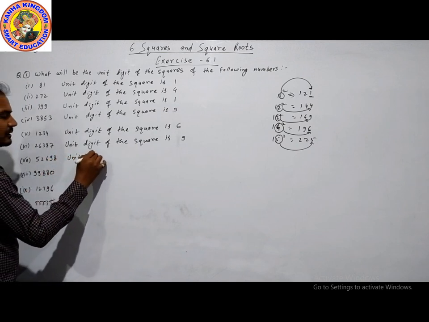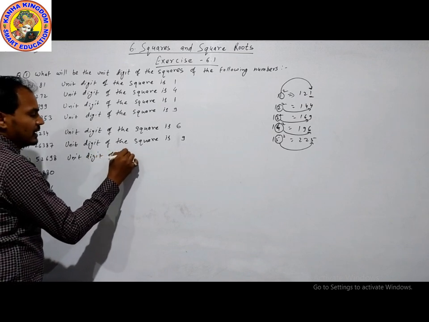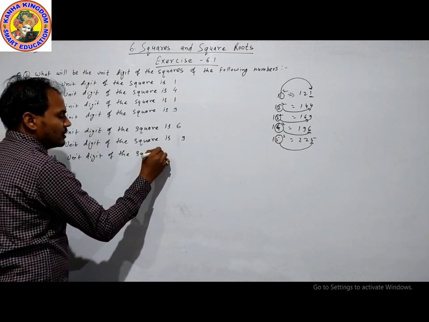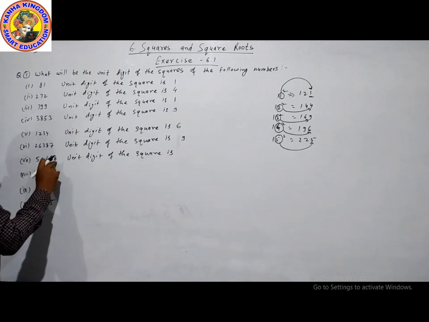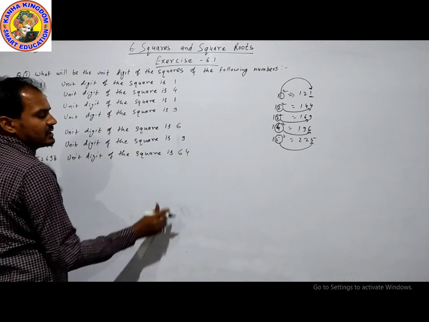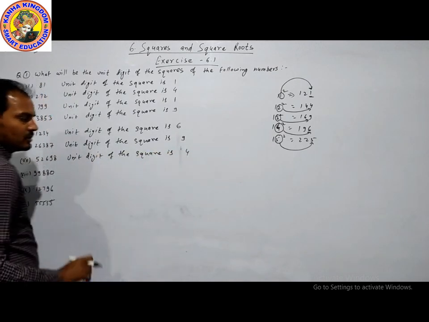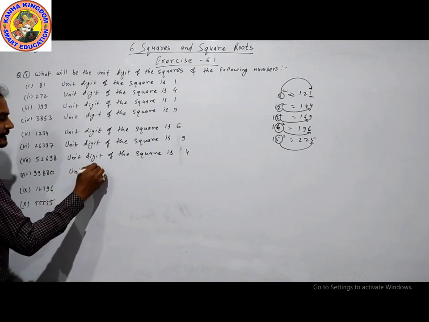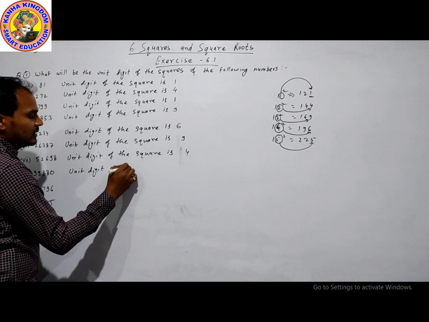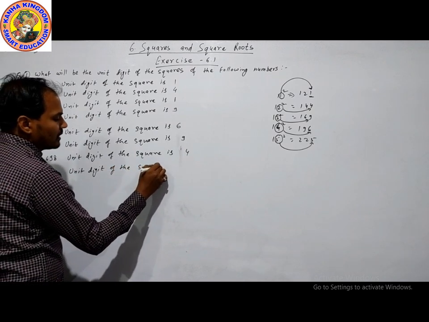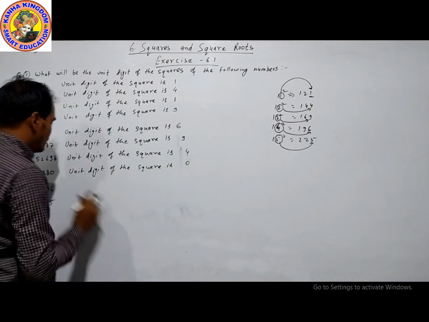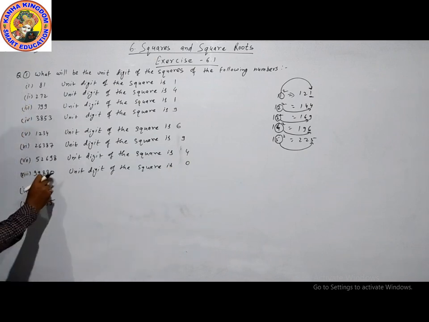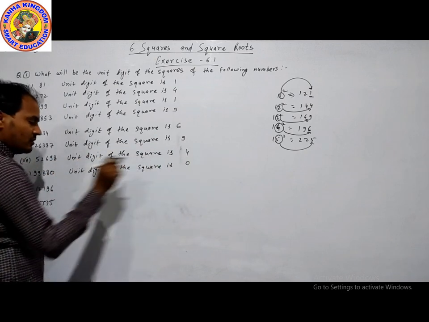Unit digit of the square is, here it is 8. Square of 8 is 64. So the unit digit is 4. Unit digit of the square is 0, because 0 square is 0.